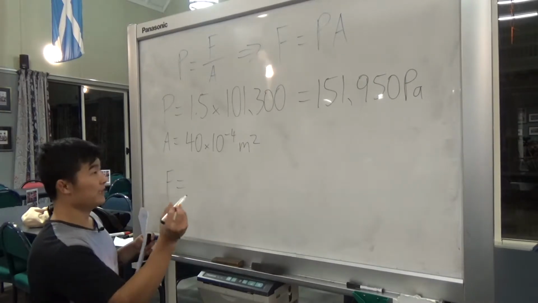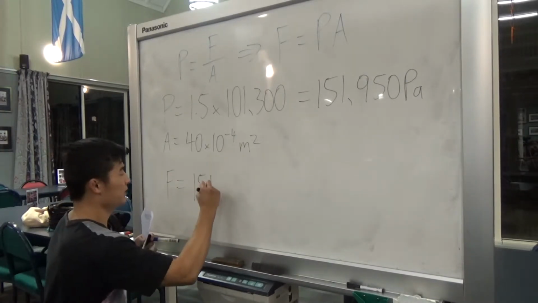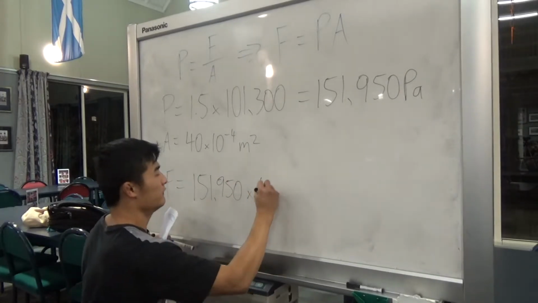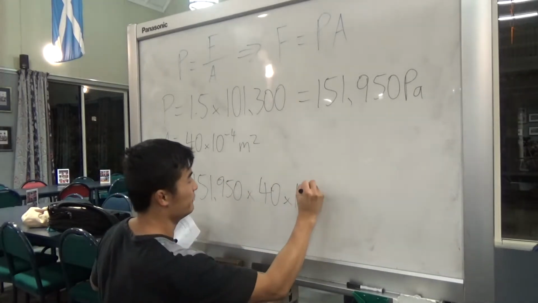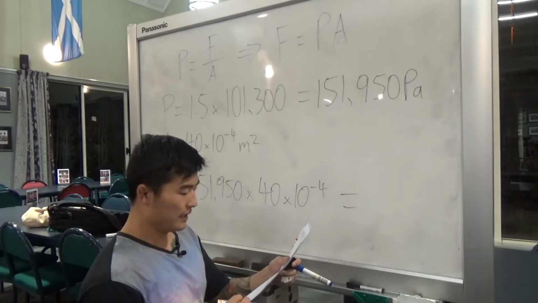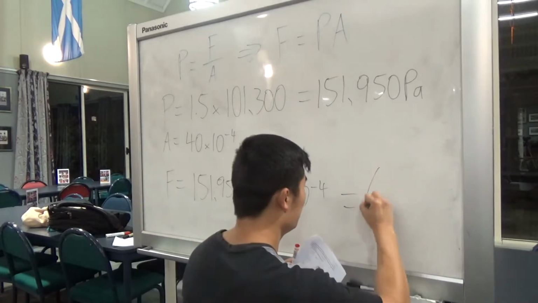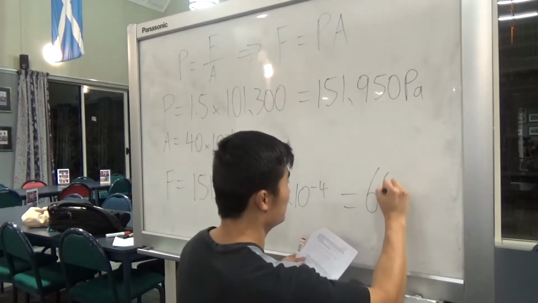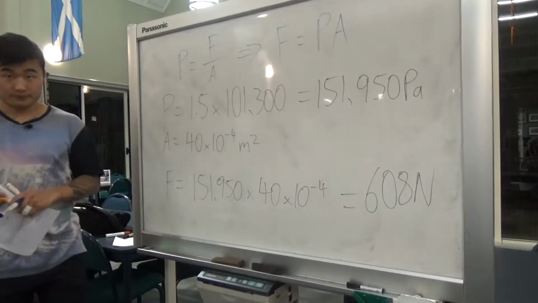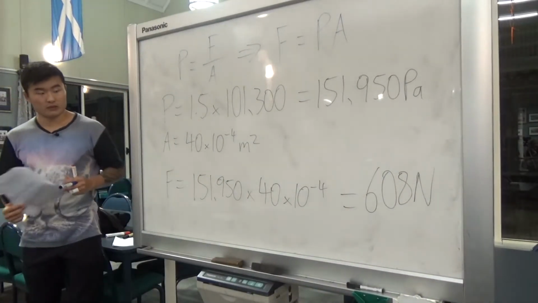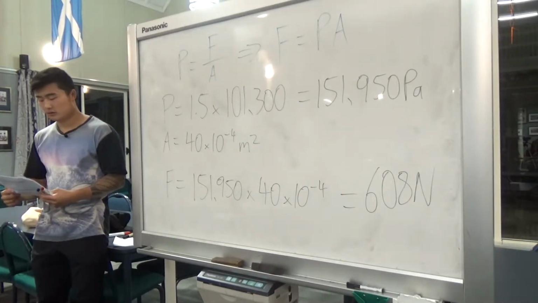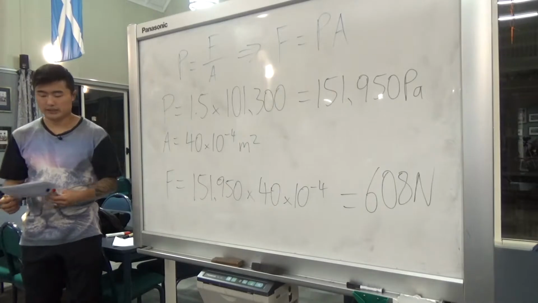Force is equal to pressure times area, 151,950 times 40 times 10 to the negative 4. So that will be 608 newtons.